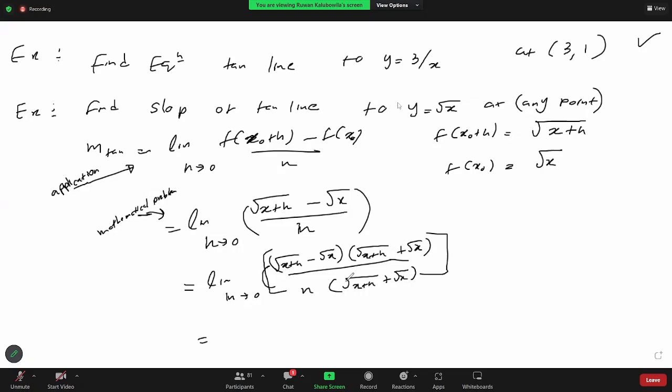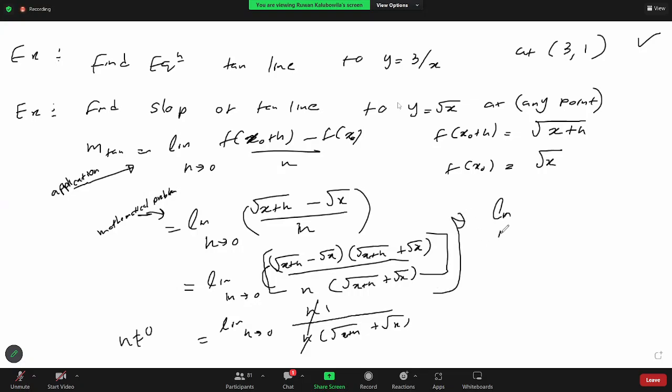So it removes the x part, so h is there. At the bottom, now h, so root(x + h) plus root x. So you can remove this h, right? Because h is not equal to 0. So then you can write the limit as h approaches 0 of 1 over root(x + h) plus root x, right? Then you can solve this.